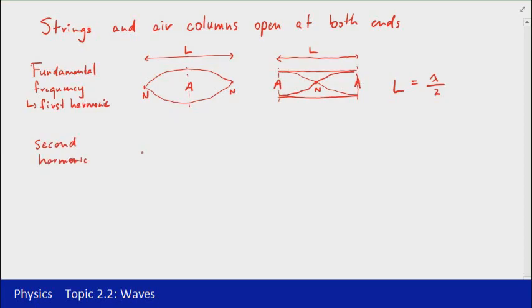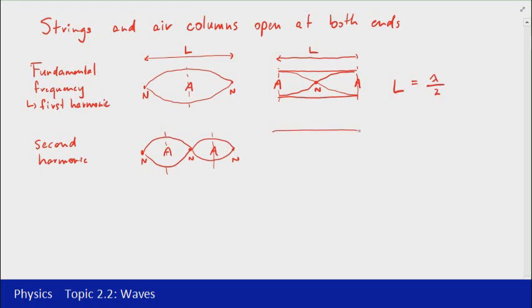Again, if we keep the length of the string the same, we're now going to have a node in the middle, so two nodes at the end and a node in the middle. That means the shape is going to look something like this, and we would then have two antinodes positioned between those nodes.